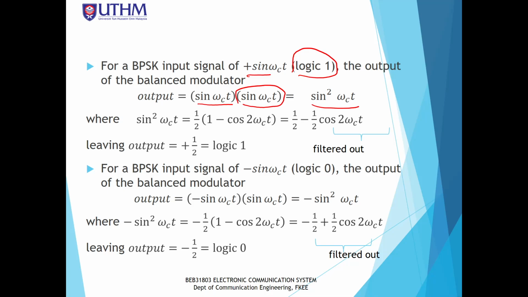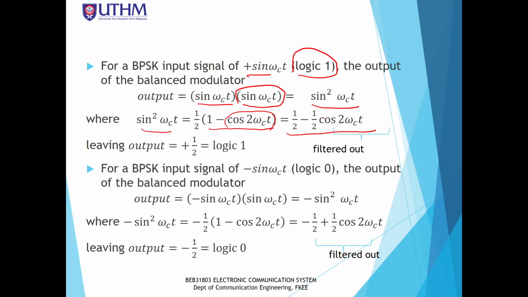Here it is going to produce a sine square. According to the trigonometry identity, it is equal to 1/2 (1 minus cos 2 omega ct). So this is a high frequency component. Rearranging the equation, it is like this.